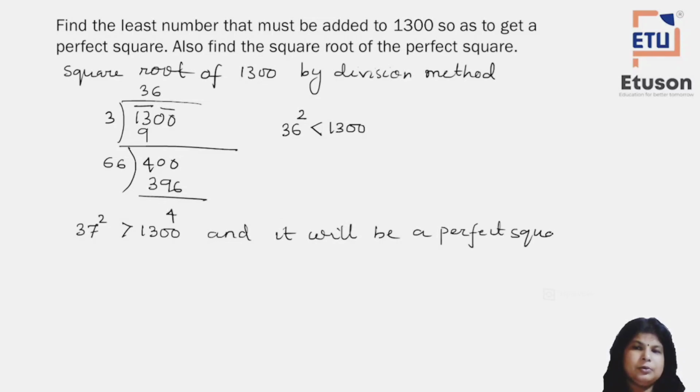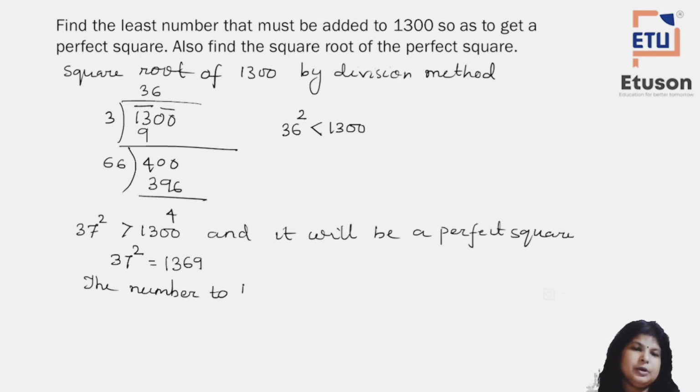Correct? So what is 37 square? 37 square is equal to 1369. Okay, 1369. So what should be added to get 1369?